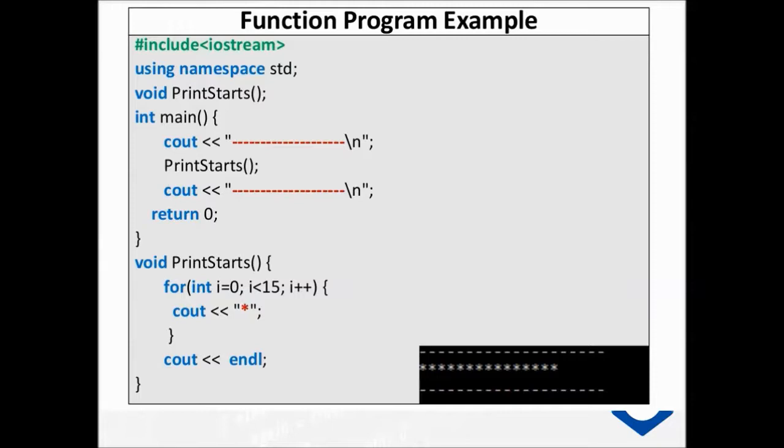So control jumps from the call to the void printStars function and into the body. We use a for loop to print stars up to 15 times. After printing all the stars, the control goes back to the main program, and the next cout displays another dashes line below the stars, and then our program terminates.